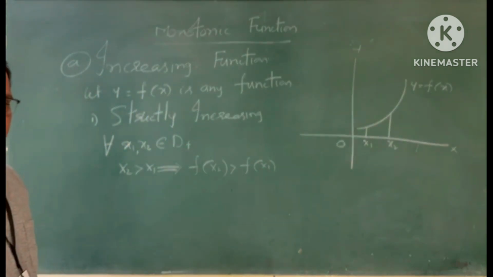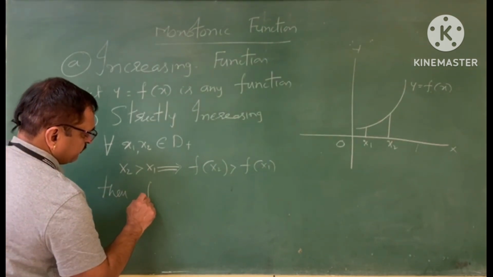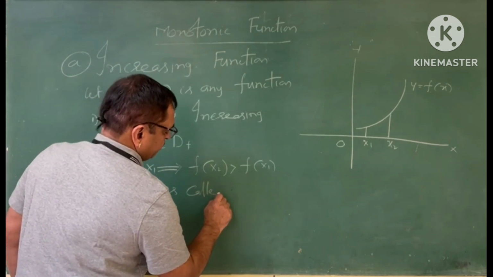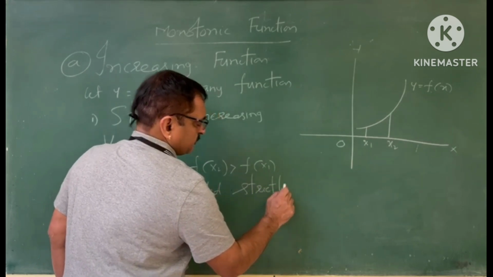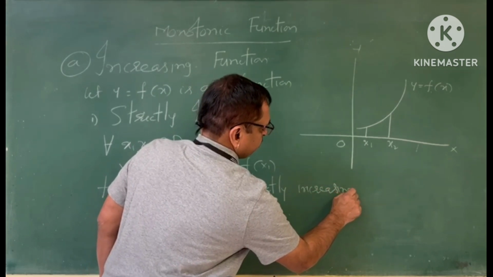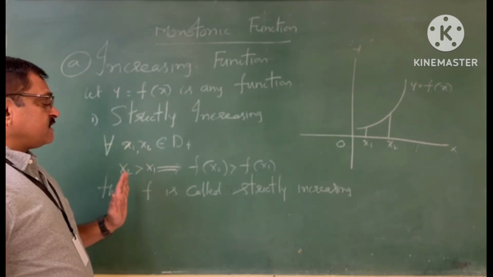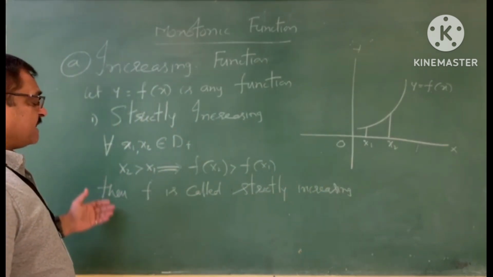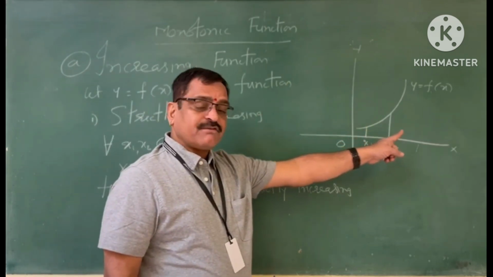Then f is called a strictly increasing function. Whenever x2 is more than x1, then f of x2 must be more than f of x1. Then f is called a strictly increasing function, and the graph of the function looks like this one.